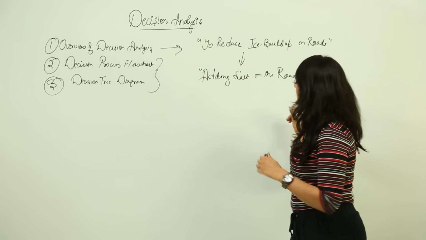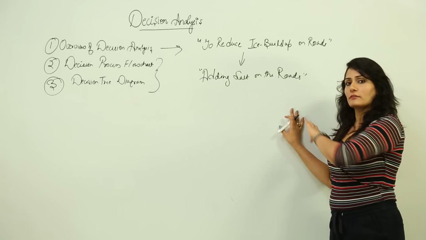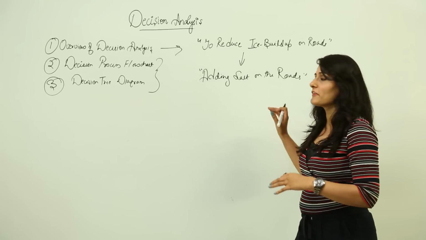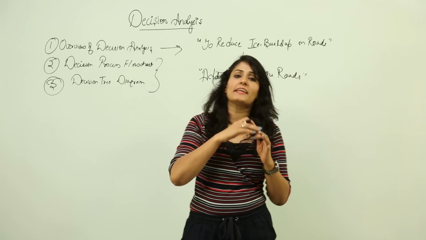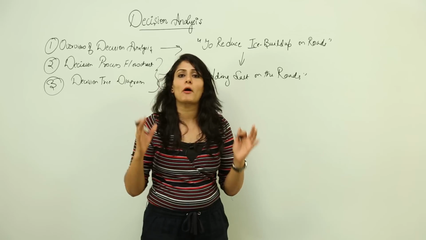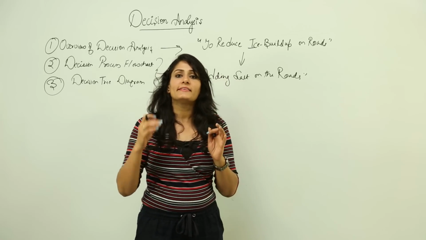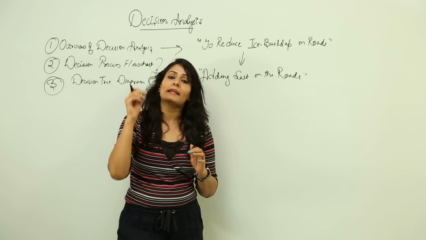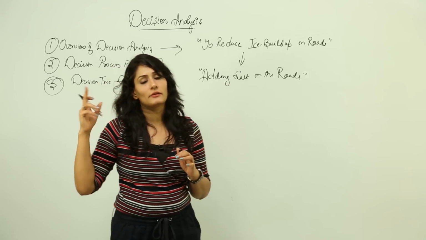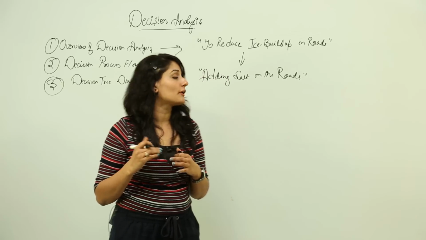So when they started to analyze this solution, they found out that a very critical piece of information was that when they will be adding such a large amount of salt on the roads, that will lead to high sodium content in drinking water, and this would lead to higher heart related problems.